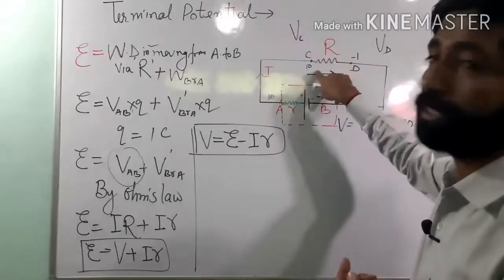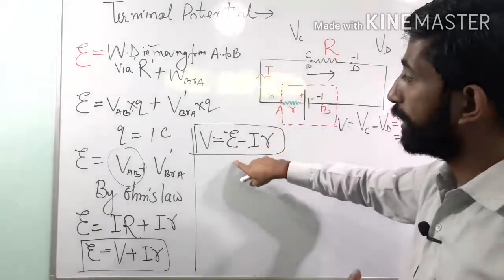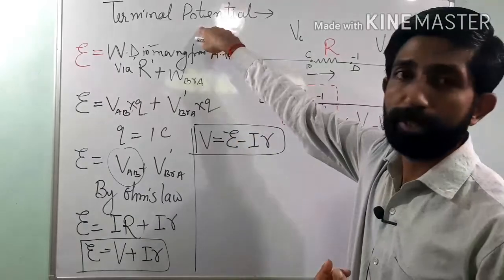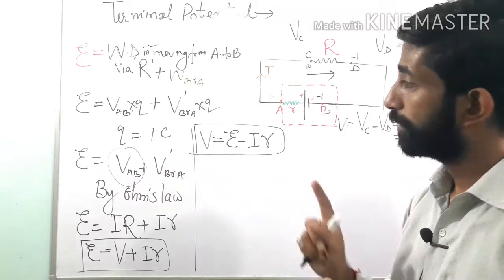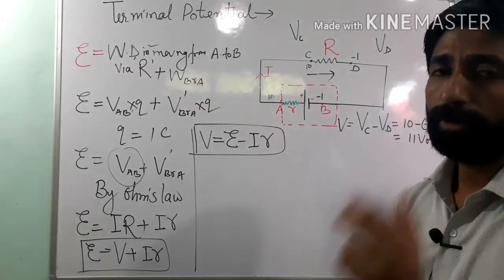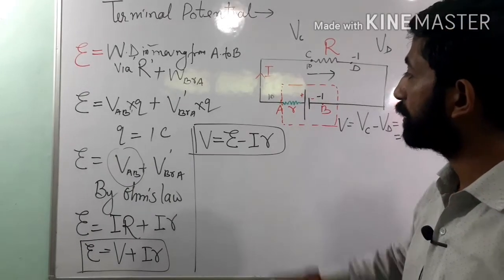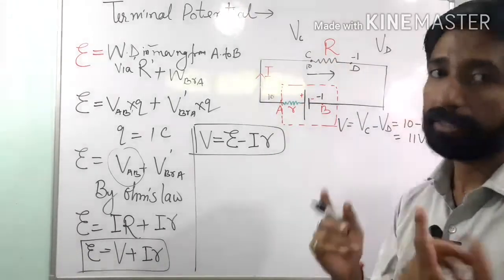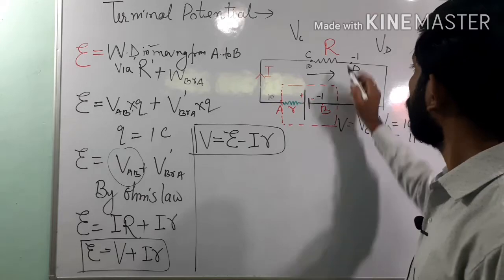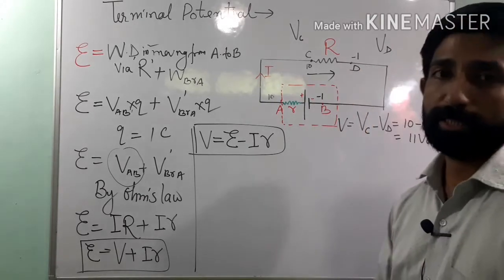Now in one case I am saying V is the potential across the resistance, and I am relating this idea to that particular topic, that is terminal potential of a cell. Now say the things are the same, with a little more literal difference, that is point C and point A are at the same potential, and point D and point B are at the same potential.